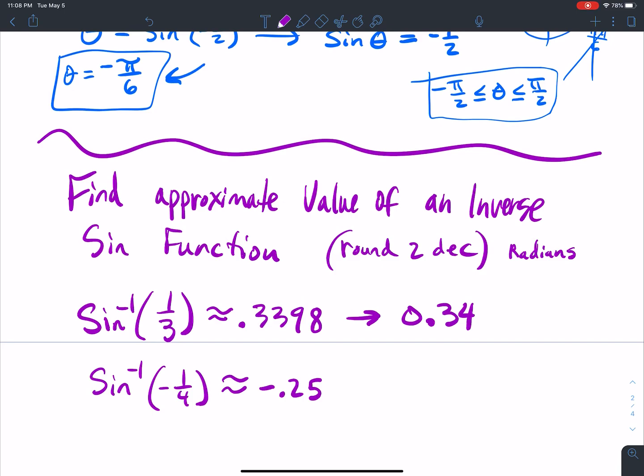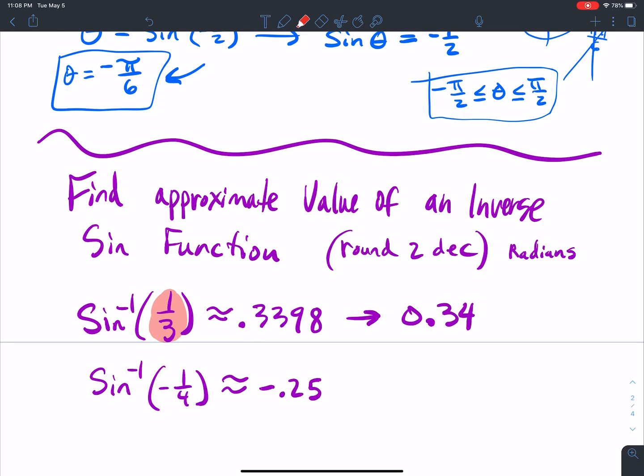One thing that's really interesting, and maybe you're catching it, maybe you're not: for values close to 0, like 1/3 and negative 1/4, the answers look really close to what we plugged in, right?